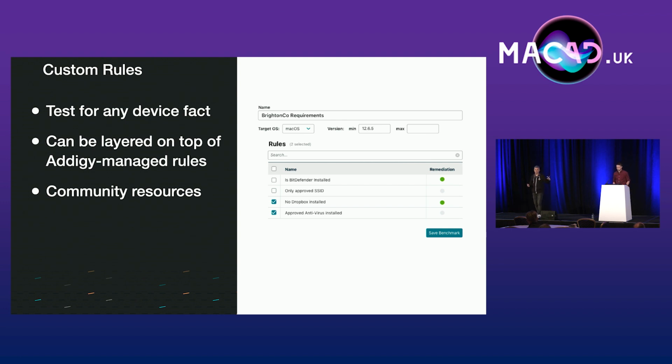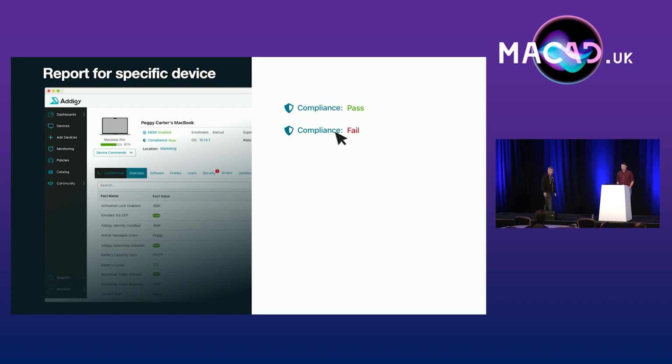Add that to any of your custom benchmarks, and now you basically have your own layered approach. You can say full CIS or NIST, plus also make sure Bitdefender is on these devices. That could be layered on top of the CIS and NIST, and all your devices will check. Another good example is make sure Dropbox is not installed. And another good example is a specific SSID: I only want my devices to be on this specific SSID or this other one and not anything else. That's another good example of a custom rule.